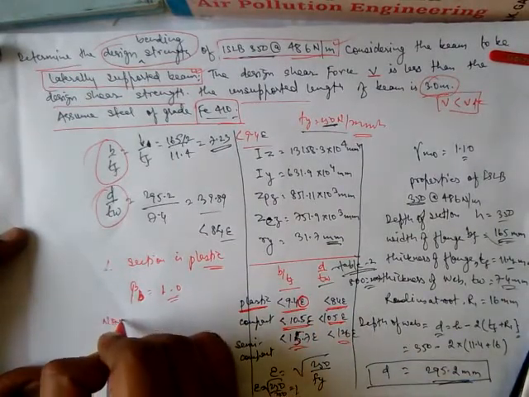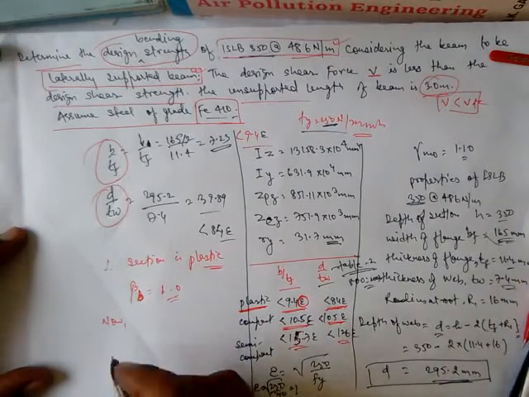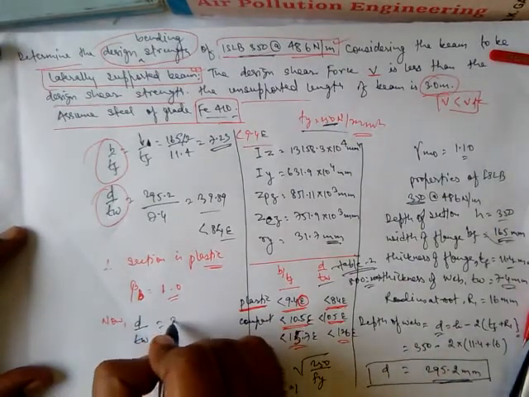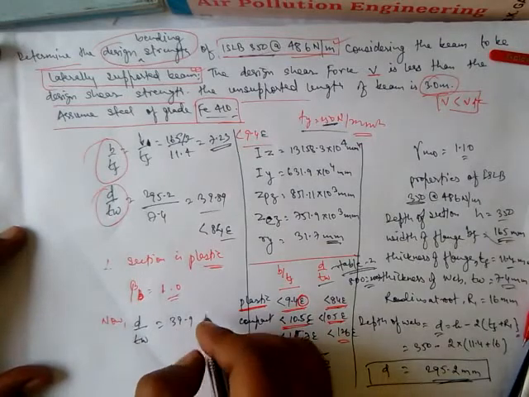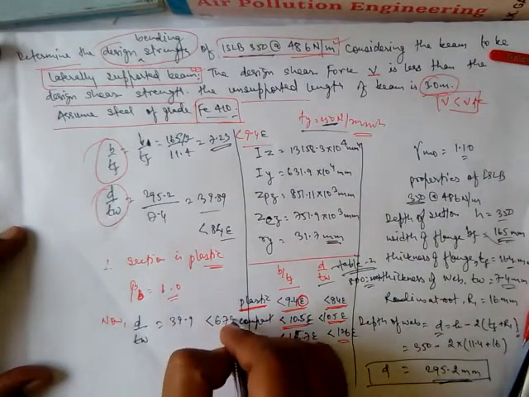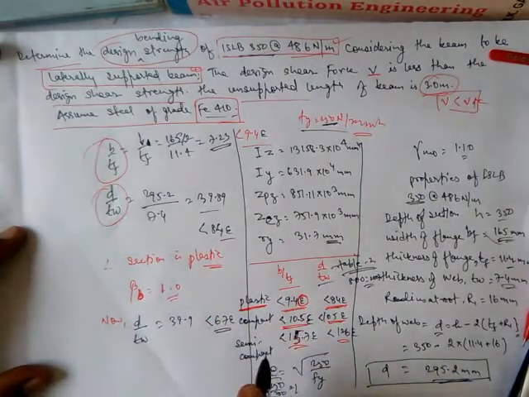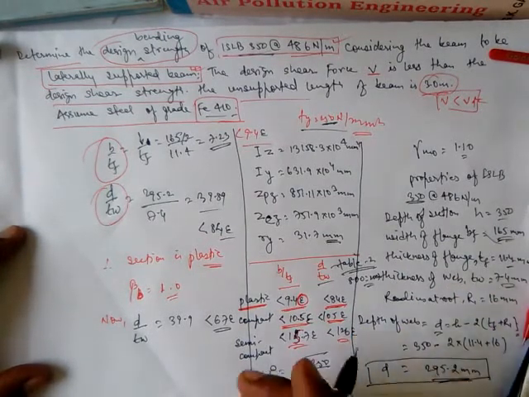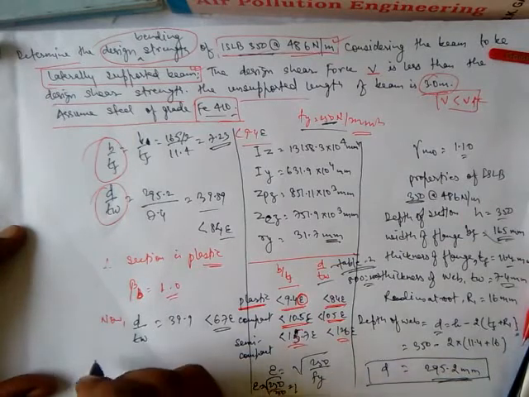Now d by tw is 39.9 and it is also less than 67 epsilon. So there is no need of checking shear buckling of web.